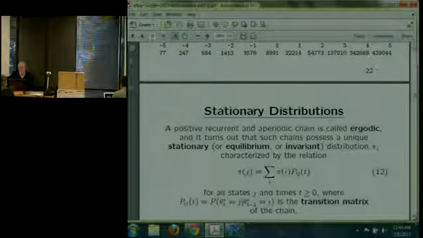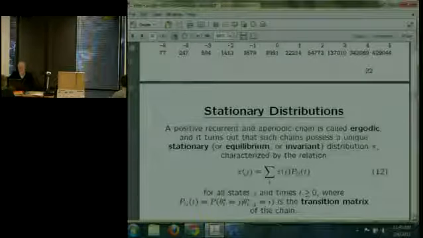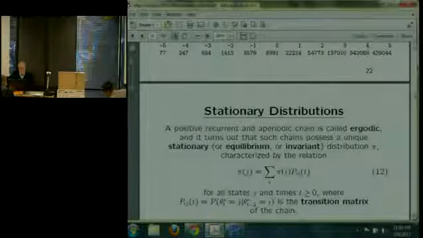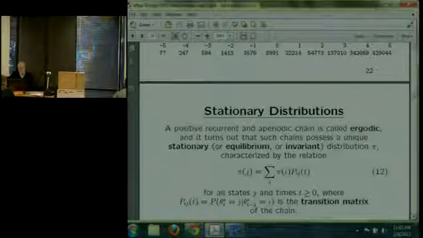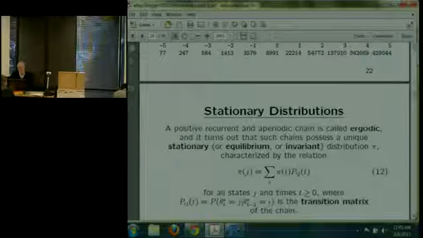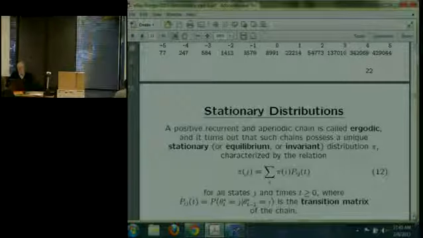For all states j and all times t greater than or equal to 0, where Pij of t is the transition matrix of the chain, it's the conditional probability of being in state j at time t, given that you were in state i at time t minus 1. Those of you who are mathy might recognize what's happening with that equation 12.